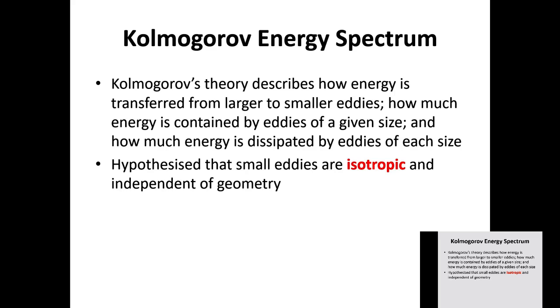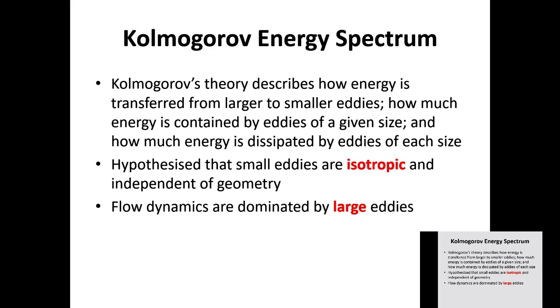And he said that the smallest eddies are isotropic and independent of geometry, obviously, because your smallest eddies are not encompassed within the grid itself, right? And the dynamics of the flow is normally dominated by the large eddies.